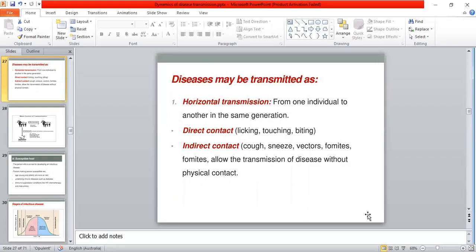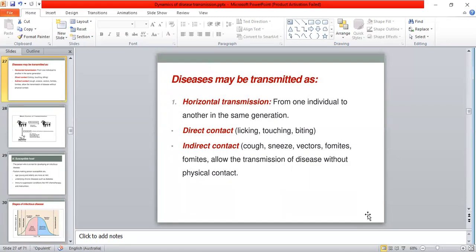Diseases can be transmitted as horizontal transmission. Horizontal transmission is direct transmission from one individual to another in the same generation. It can be through direct contact like licking, touching, biting, or it may be through indirect contact, for example, coughing, sneezing, through vectors, fomites.